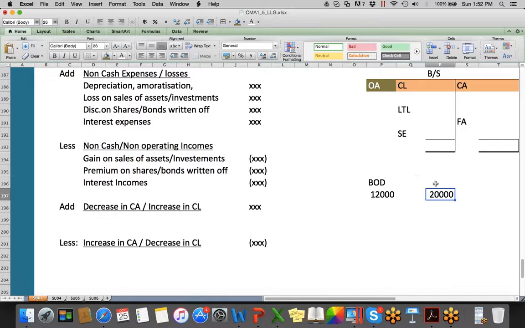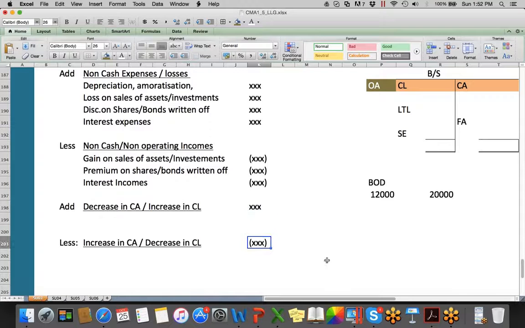But now it is 20,000. Means between this period I borrowed another $8,000, so the bank overdraft has increased from 12,000 to 20,000. So there is a cash inflow of 8,000. That's the reason why my liability went up. So what you need to do is decrease in current assets should be added. Increase in current liabilities should also be added.